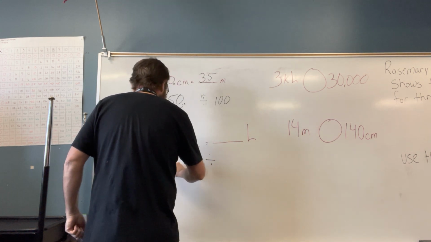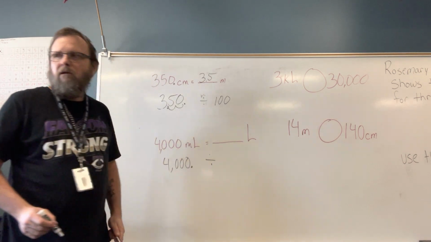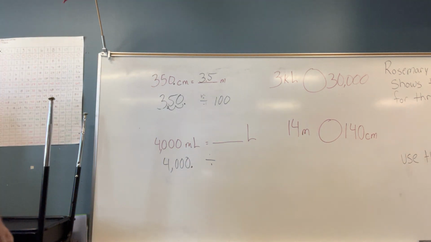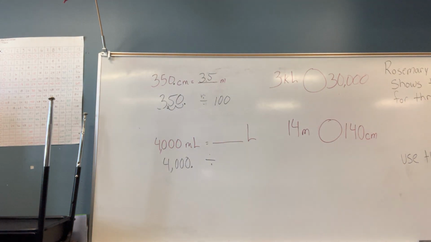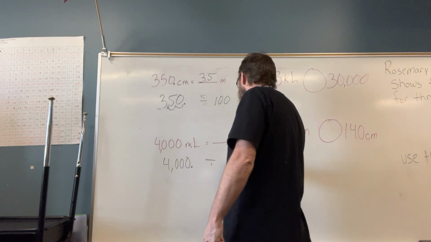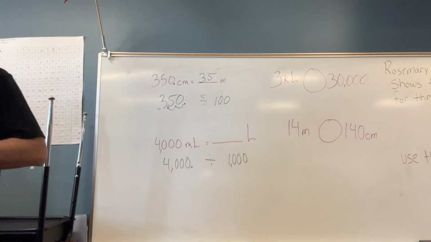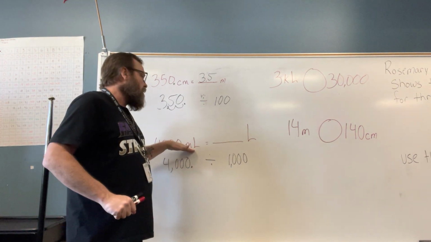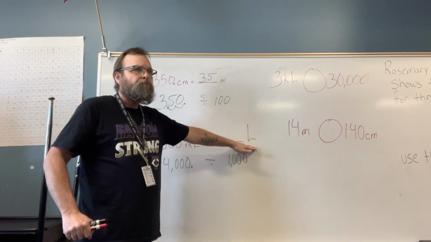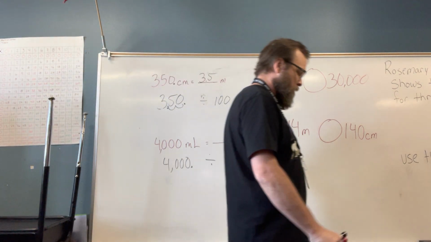We're going to divide 4,000, and my decimal point's always behind the ones place if it's not written. So we're going to divide 4,000 by what? 1,000. Because there are 1,000 milliliters in a liter.